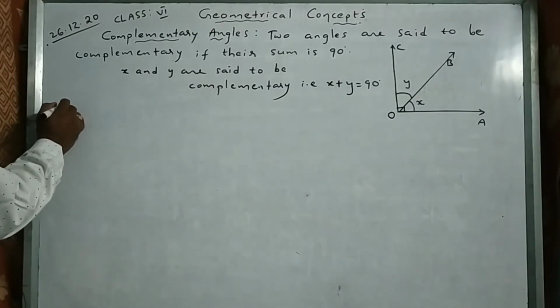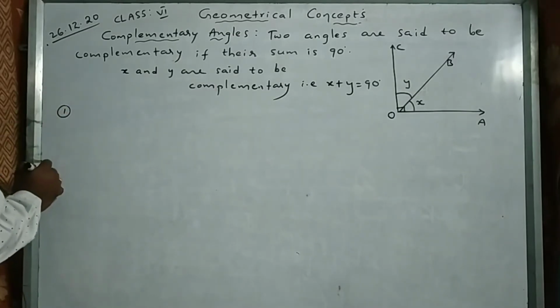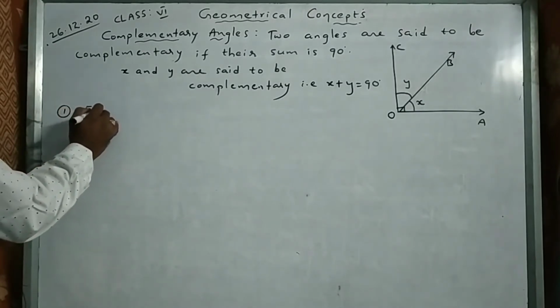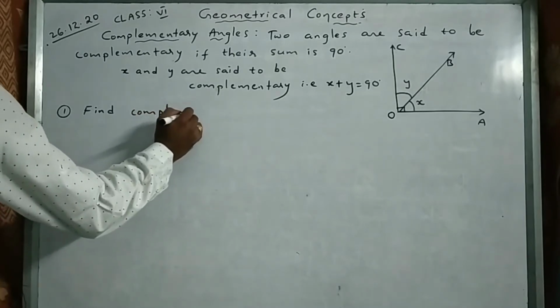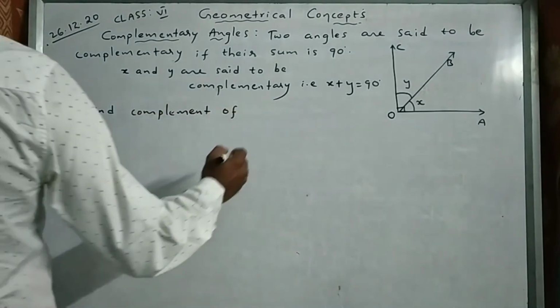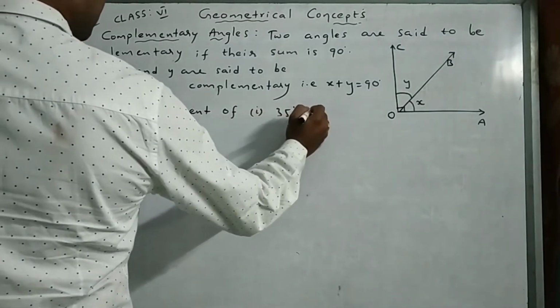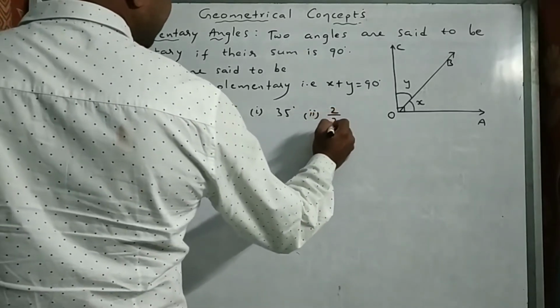Okay. For example, we will see some more problems here. Find the complement of 35 degrees. Second, 2 by 3 of 90 degrees.